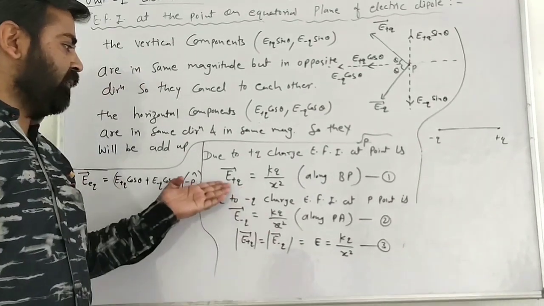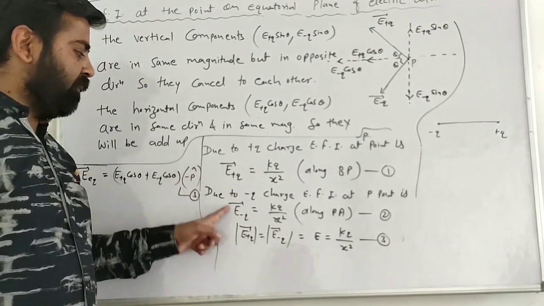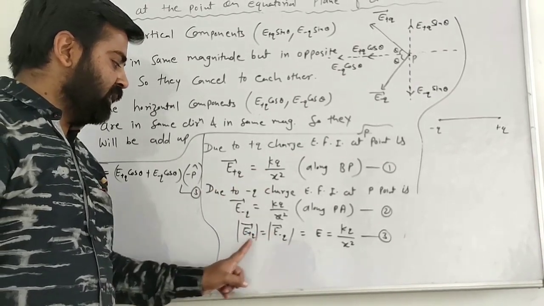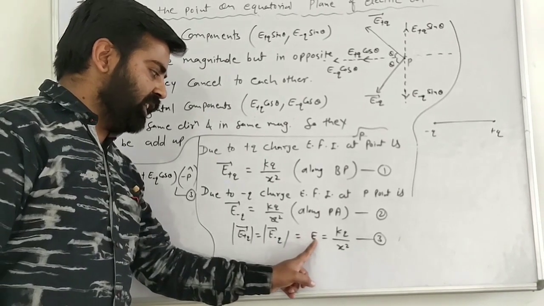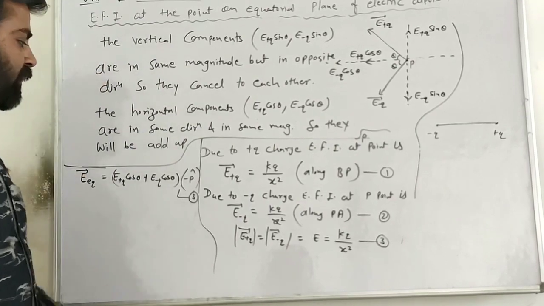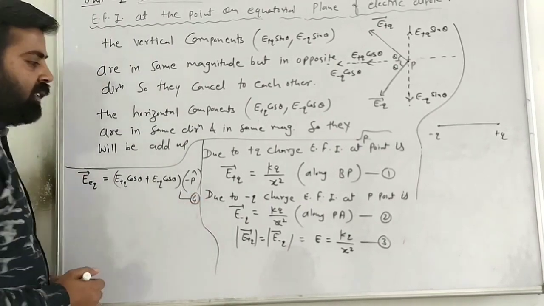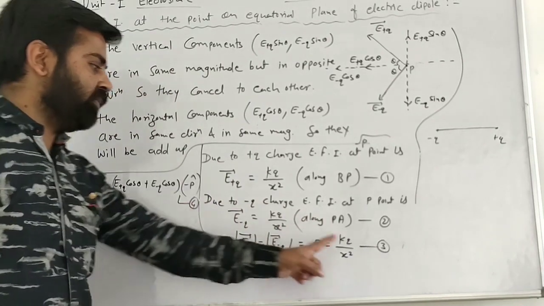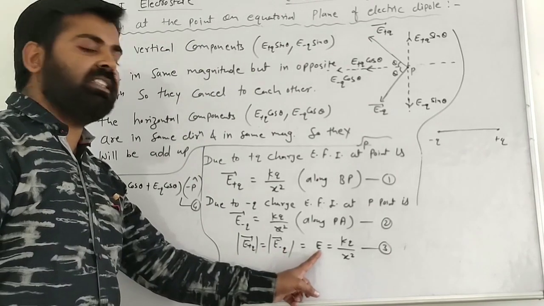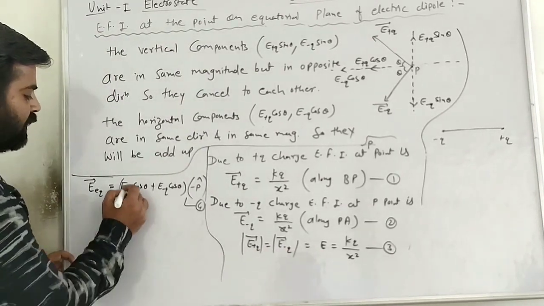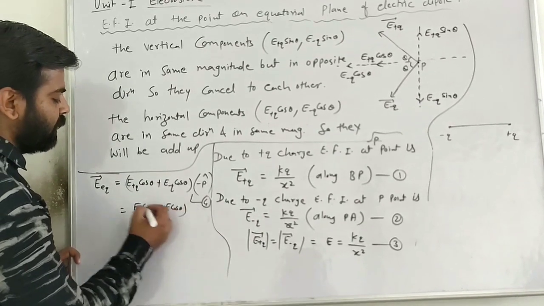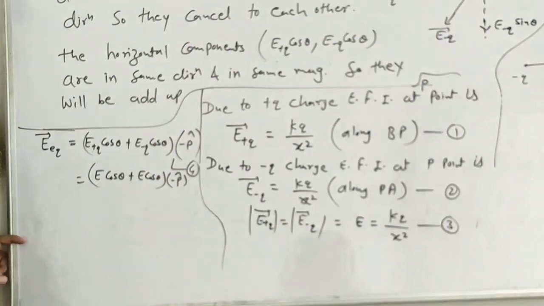As we discussed in equation first and equation second, we conclude that the magnitudes are the same, which we write as E plus q is equal to E minus q is equal to E, and this is kq upon x square. This is equation 4th. So from equation 3rd and 4th, E plus q and E minus q can be written as E. So this can be written as E cos theta plus E cos theta, and the direction is minus p cap.